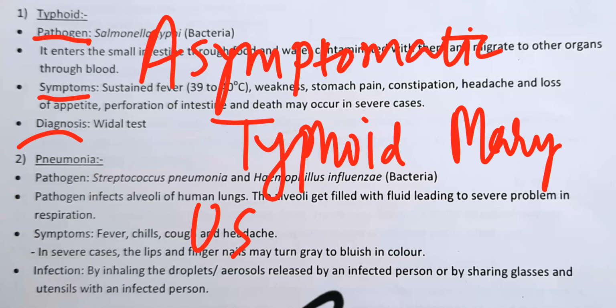She used to go to rich families and work as a cook there. She started with one rich family where she worked as a cook, and she spread typhoid in that family.